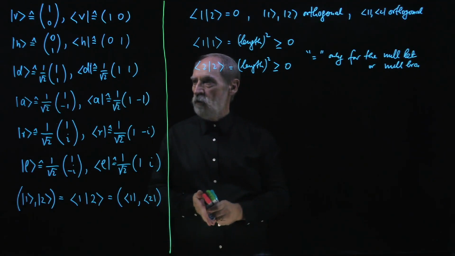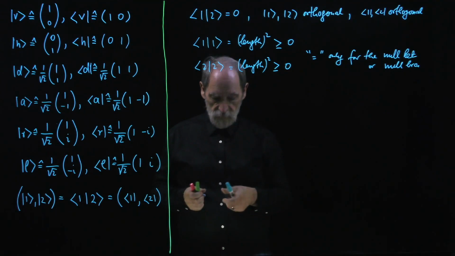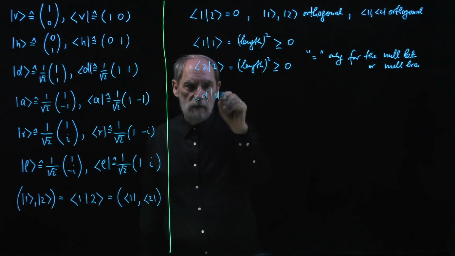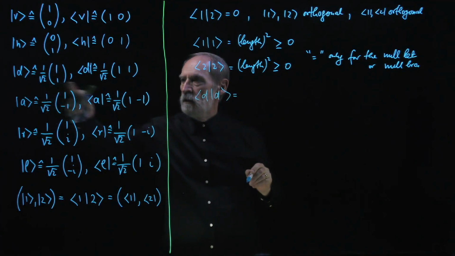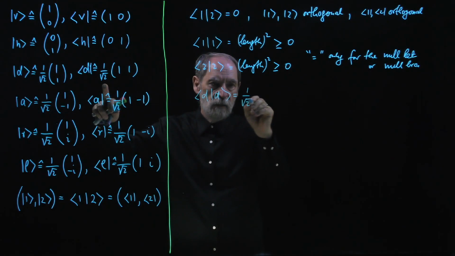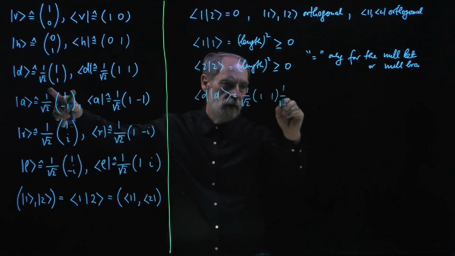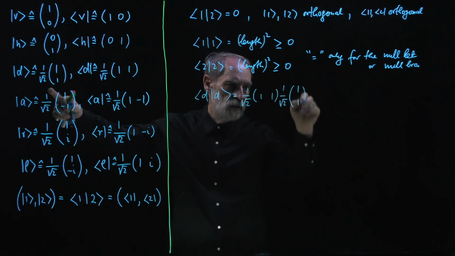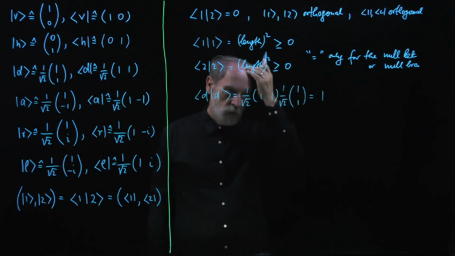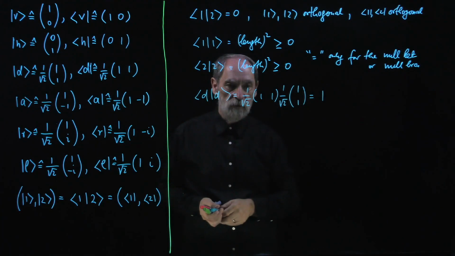Now, if we look at all the kets and bras that we have written here, all of them have length 1. So, for example, if we look at the D bracket, so we multiply the row for the bra with the column for the ket, and that product gives us 1, which is why we included these factors of square root of 2 at the beginning.